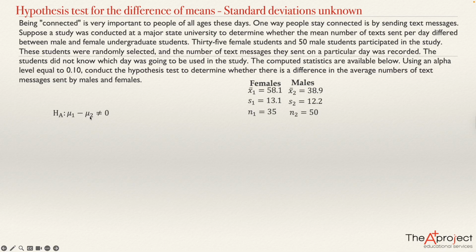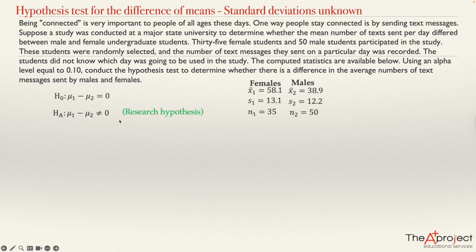That is equivalent to saying that the two averages are different. Well, we're going to research if there is a difference, but the null hypothesis will be that mu1 and mu2 are equal. So it means mu1 minus mu2 equals 0. So this is the null hypothesis.